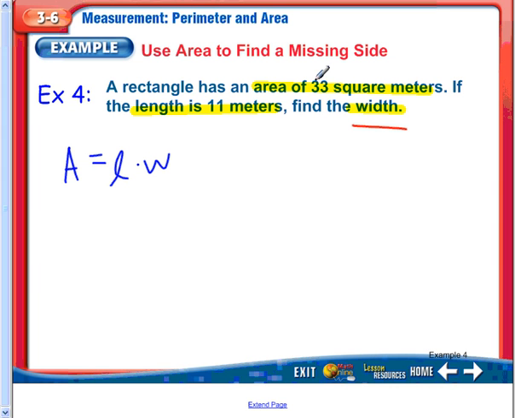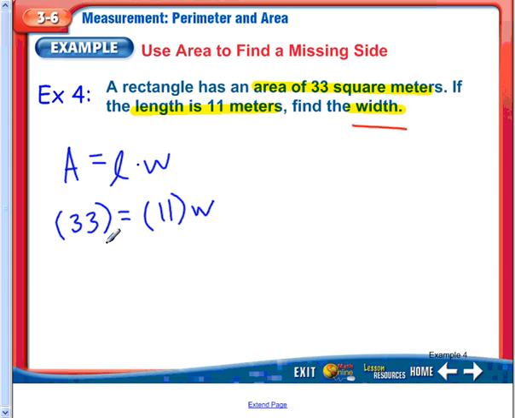Area equals length times width. And in this problem, they've actually given us the area. So we'll substitute 33 in for A. And we also know the length is 11 meters, so we'll substitute 11 for L. And we don't know the width.